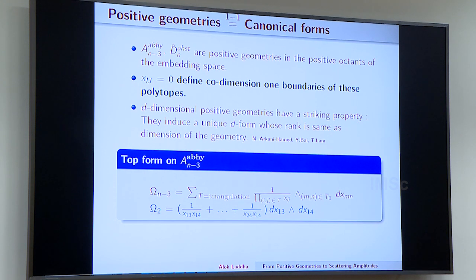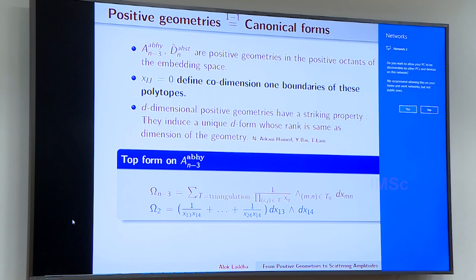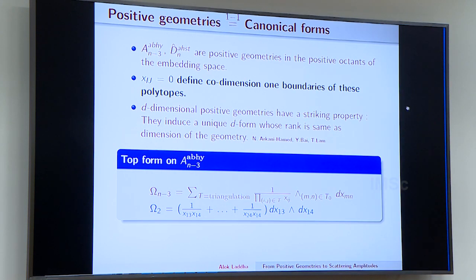In the case of the triangulation, ij will be some chord connecting external vertices i and j, but in the case of pseudo-triangulation, it could also be one of these arcs that we were drawing between i and the annulus, or i and i bar, etc. Now there is an interesting result in algebraic geometry, that all these positive geometries induce a unique top form. If the dimension of this polytope is d, then they induce a unique d-form, whose rank is the same as the dimension of the geometry.